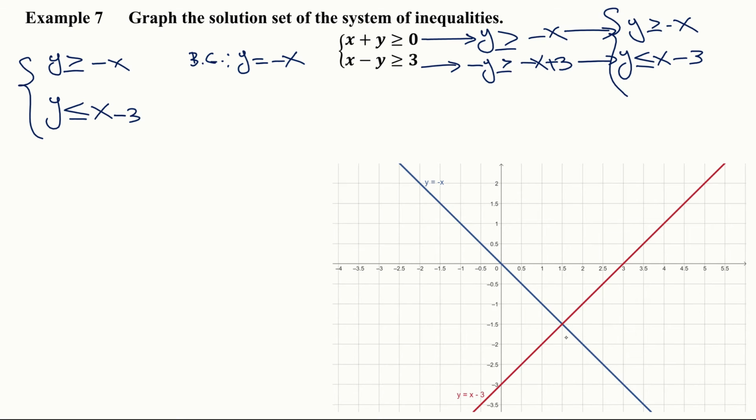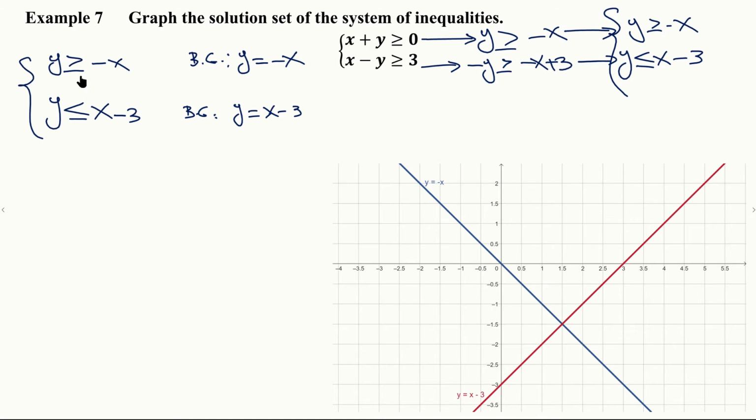And for this one, the boundary graph has equation y equals x minus 3. So the y-intercept is 0, negative 3, and the slope is 1. So you're going to go up 1, right 1, and you get the red graph, right? Now, remember, you're going to want y is greater than or equal to x.